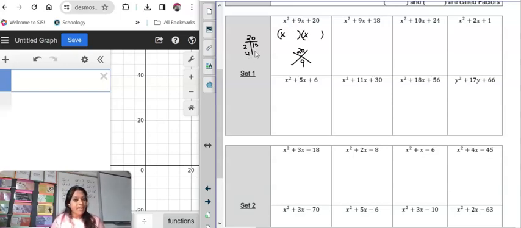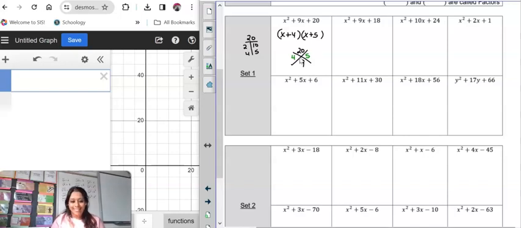Let's see, 4 times 5 also gives me 20. And 4 plus 5, is it equal to 9? Yes, it is. So that's it. Those are my numbers, 4 and 5. How do I use these numbers? Well, I'm going to finish off the problem by saying x plus 4 and x plus 5.